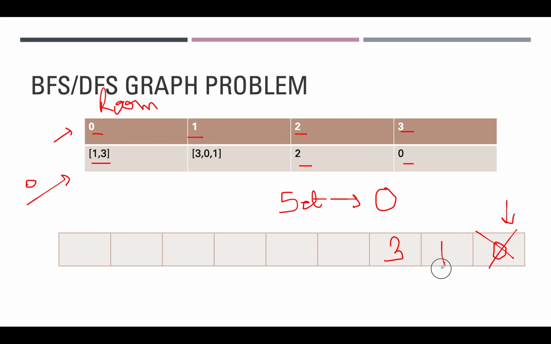In the next iteration, you pull out an element and mark it as visited, and you insert all its children in the queue, provided they are not already visited. So 3 is not visited, so you insert it. 0 is already visited, so you skip it. And 1 is already visited, so you skip it. And then remove this element.